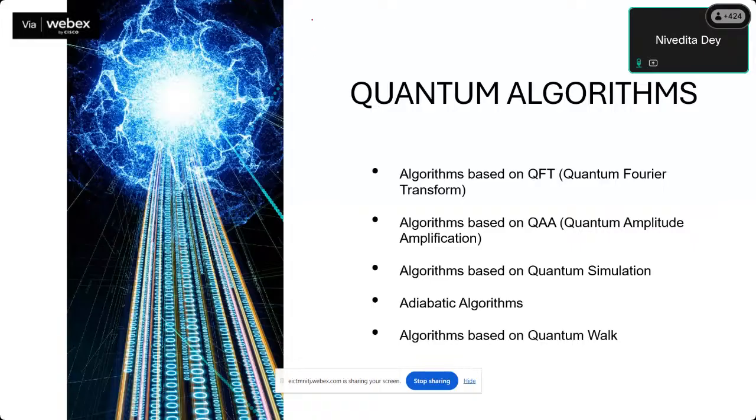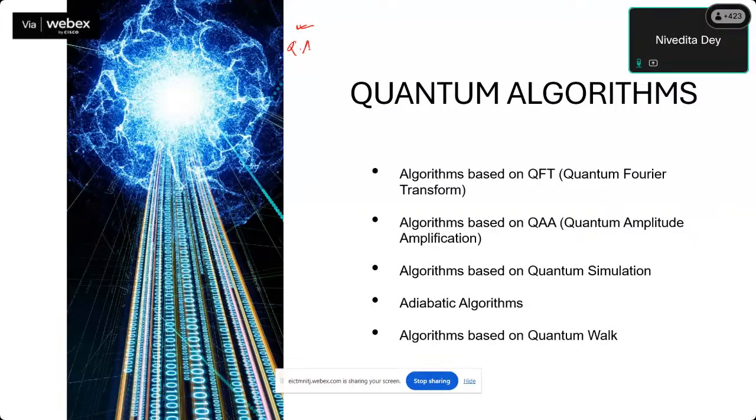At the initial stage of this field, when researchers wanted to know more about quantum logic, they opted for a little advantage, mostly in terms of the number of queries, and the problems chosen were very specific and very basic as well. There are two different types of algorithms, not paradigms. They were the very primitive quantum algorithms.